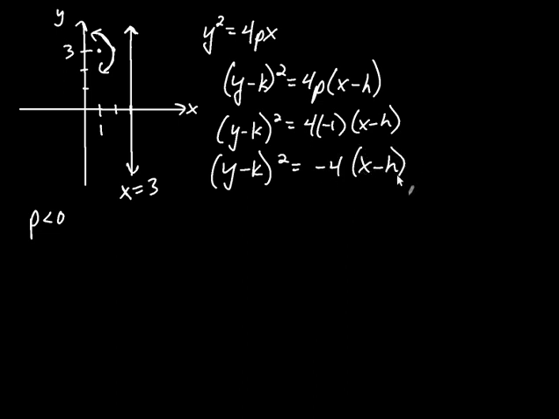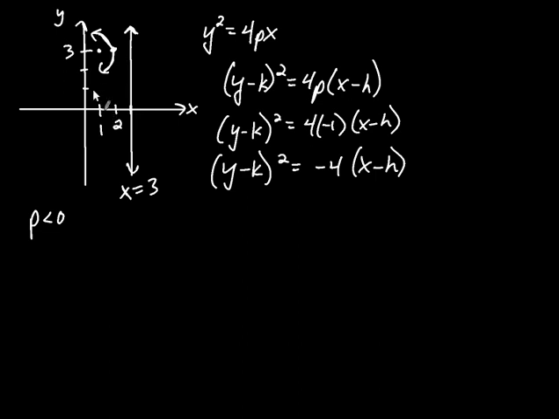And then finally, where would the center be? Well, remember, the parabola is opening to the left, but the vertex has the same y coordinate as the focus. So the vertex has a y coordinate of 3, and we talked earlier that this point lies between the focus and the directrix. So the x coordinate of the focus is 1, and the directrix's is 3, so the x coordinate of the vertex must be 2.